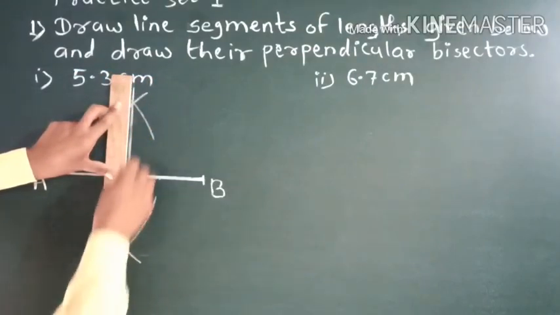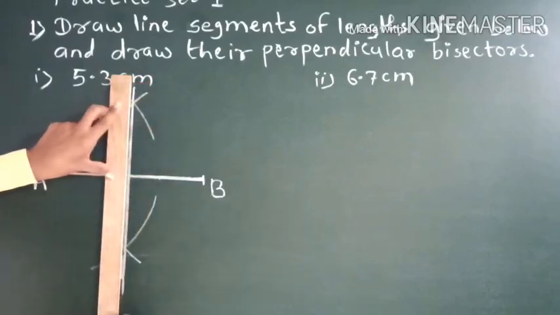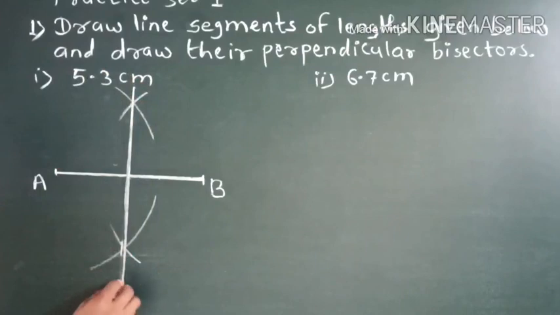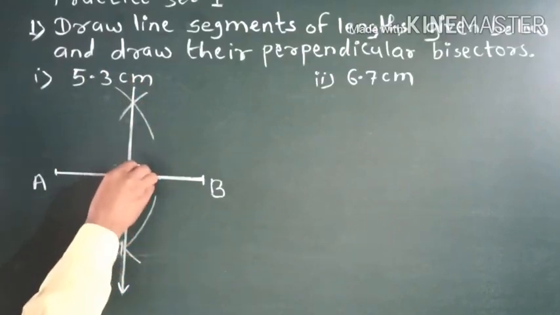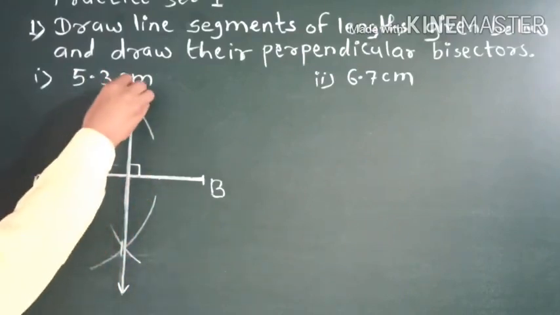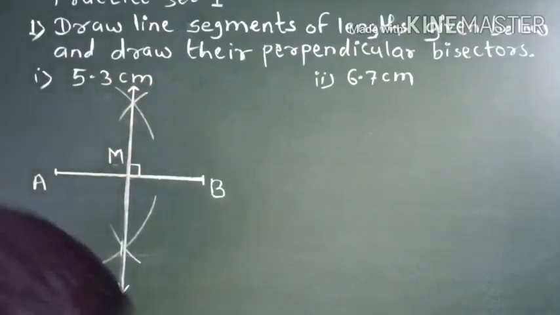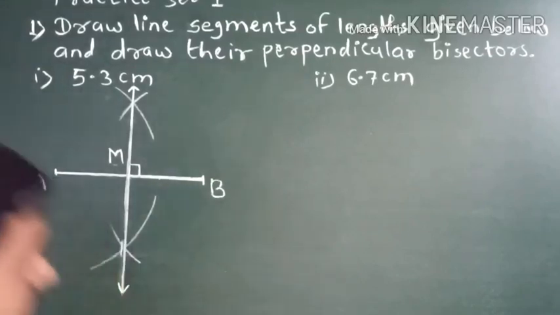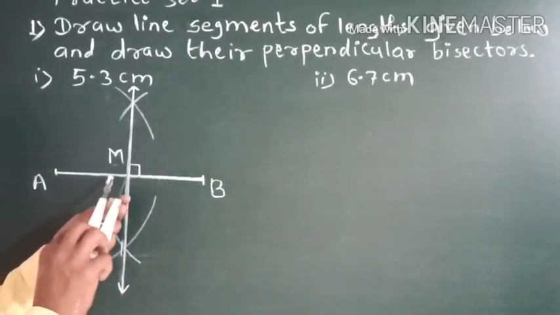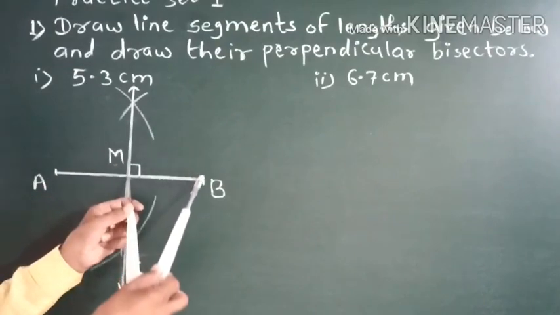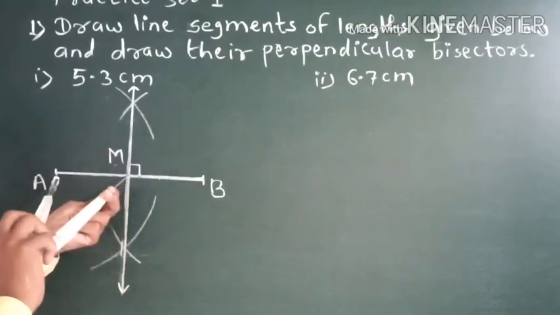We see that this line cuts the segment AB and it is perpendicular to the segment AB, and when we measure this AM and this BM, both are equal.